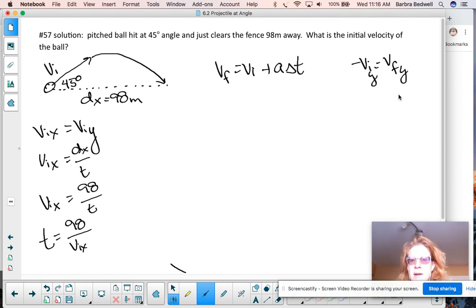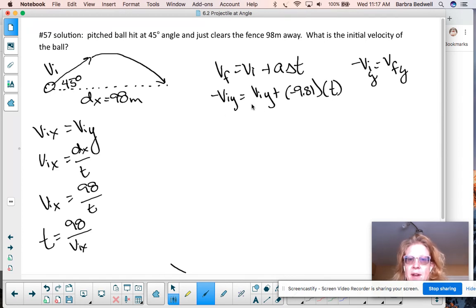It's taking off at +VIY, so it's going to be landing at -VIY. I'm going to take advantage of this in this equation to get rid of a couple of variables. So negative VIY equals VIY plus acceleration, negative 9.81, times t.